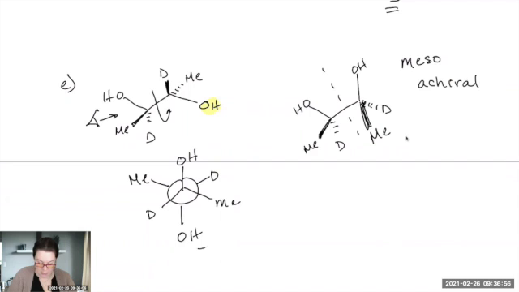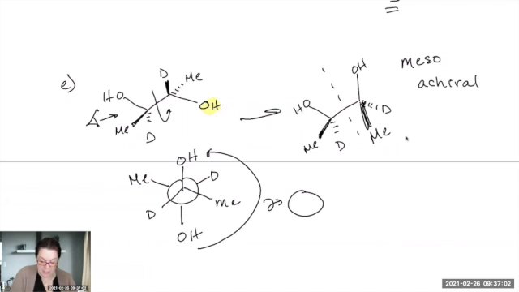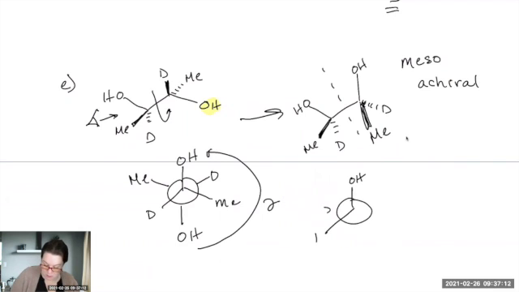If you rotate these groups 180 degrees, which is what we did here, let's keep the front the same: deuterium, methyl. It's going to put the hydroxyl group behind the other hydroxyl group.